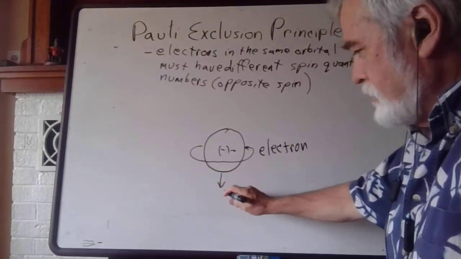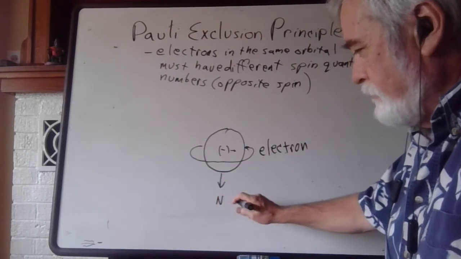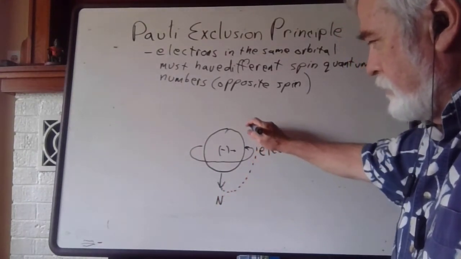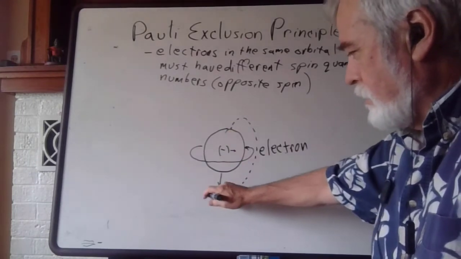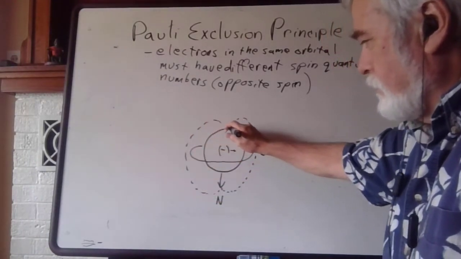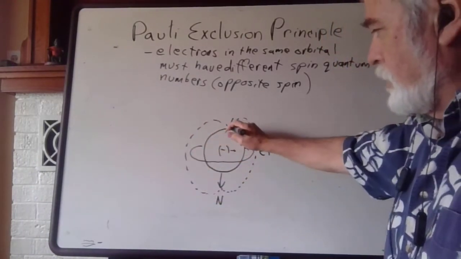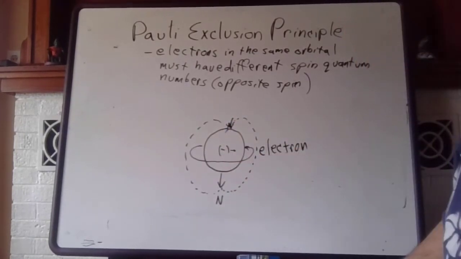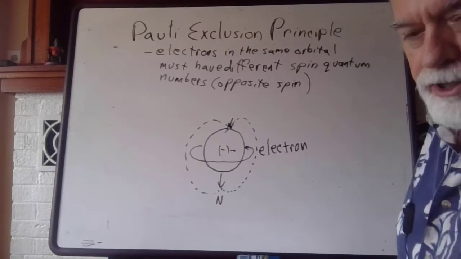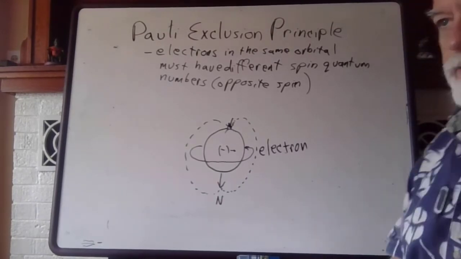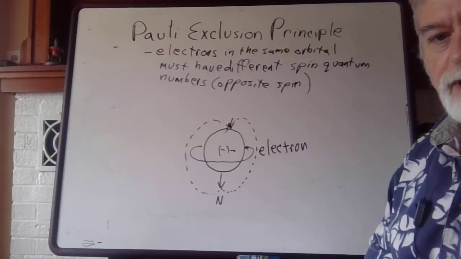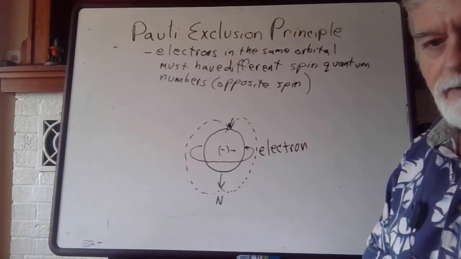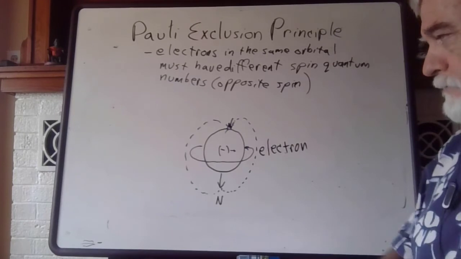And what that means is that down would be the north pole of the magnet, but then the field lines would also go around and come in the other way, like that. So they would go in at this point and down at that point. This would represent a spin down type of situation. And when we solve the Schrodinger equation for the wave function of an electron, its spin is part of the solution for that wave function.